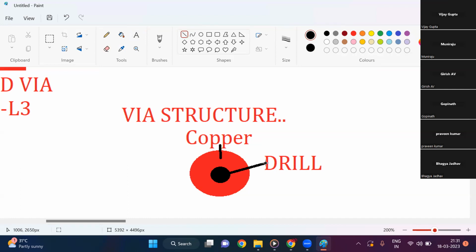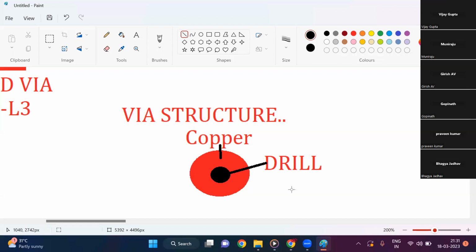The via rule, just keep in mind, is that the area of copper will be just double the drill diameter.